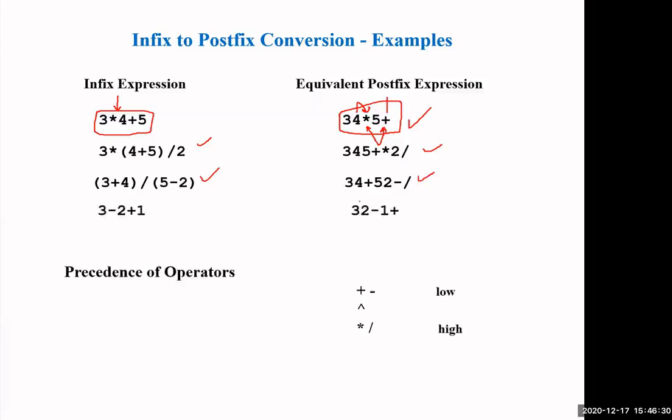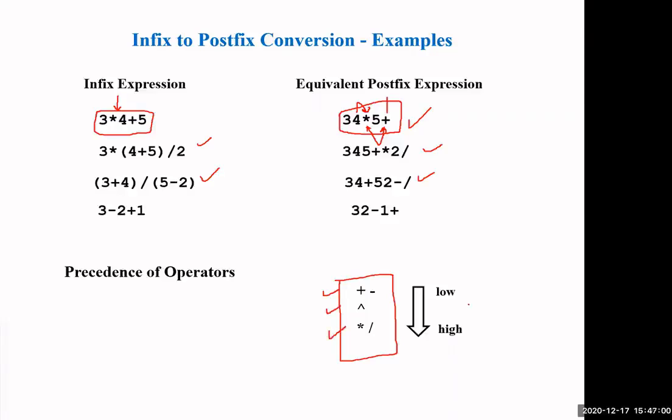Then we have something called the precedence of operators. When we are evaluating or converting the expressions, we need to identify the precedence also, based on which the algorithm will work. These are the various arithmetic operators we generally find in infix expressions: plus and minus, the caret symbol, and multiply and divide.